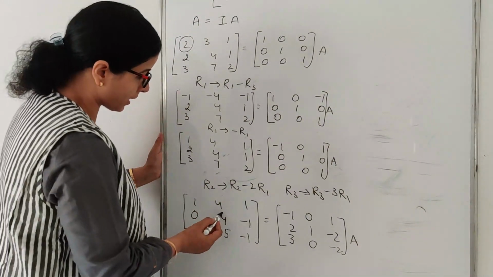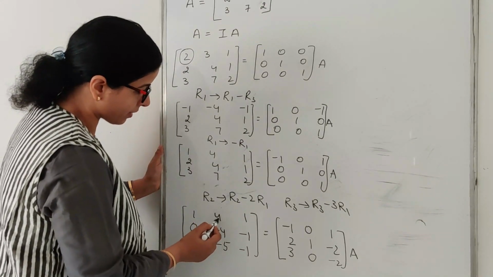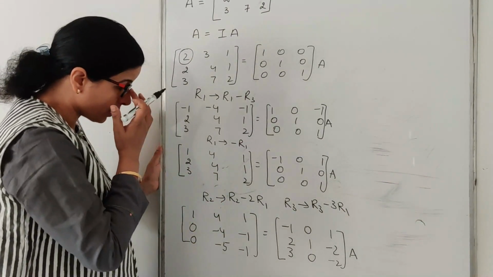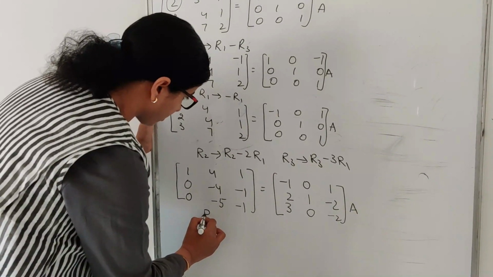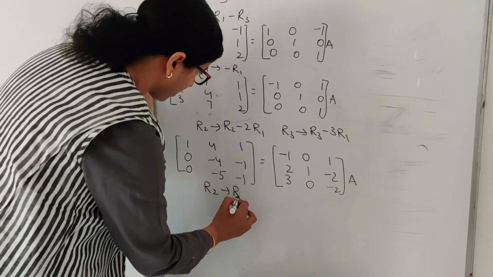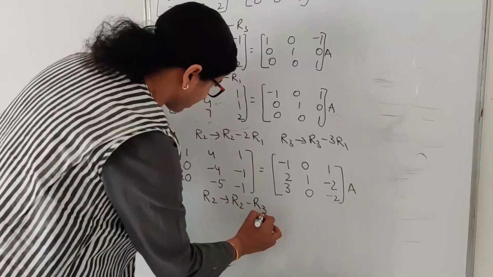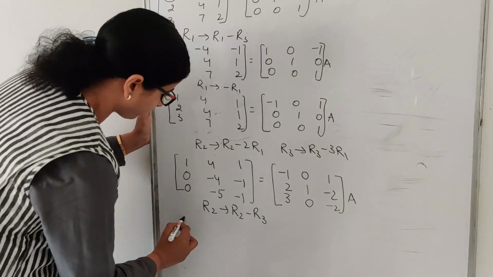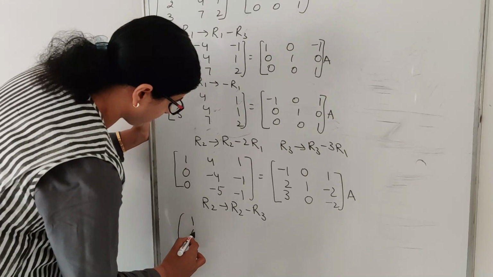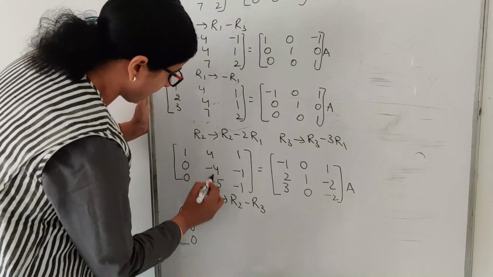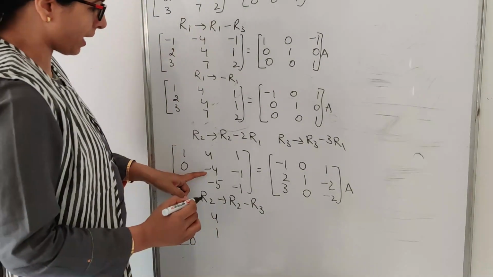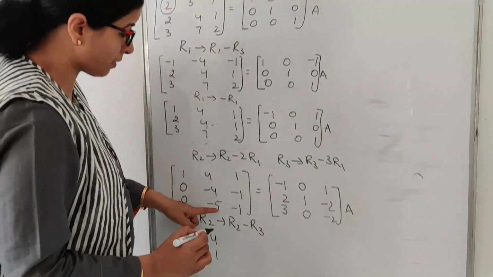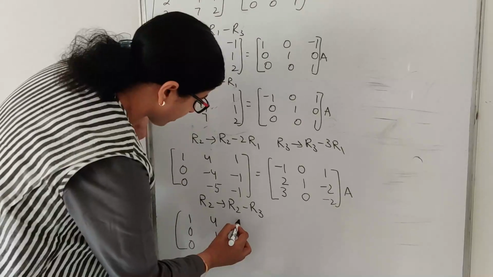We have to make it 1 and the rest of the elements 0. So what can I do? I can subtract these two. So R2 tends to R2 minus R3. So 1, 0, 0, 4. This will become 1 minus 4, or minus 5 plus 5, 1.